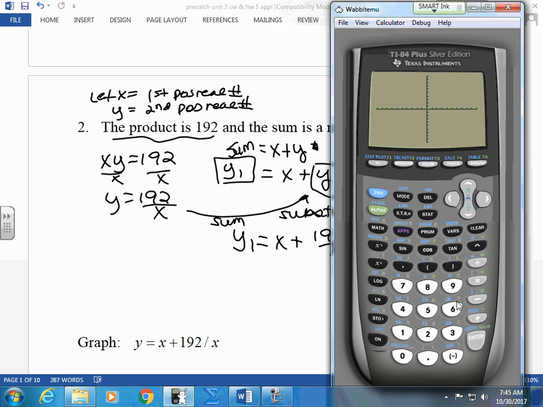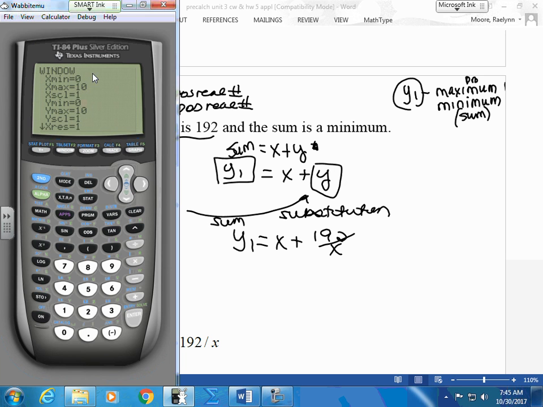If my product is 192 and my sum is at a minimum, I got two numbers right now. I got to estimate something. So my product is 192. So let's estimate it, then we'll look at your table. So we said our minimums have to be zeros because they're real positive numbers.